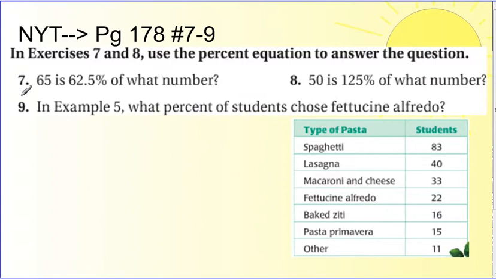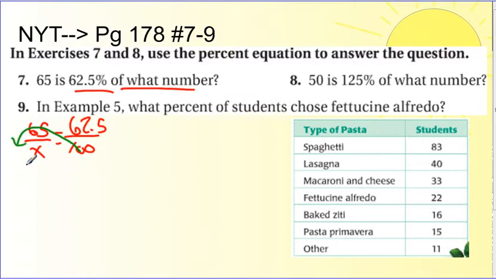All right, number 7. 62.5%. It's okay that's a decimal. That's our percent. Of what? We don't know the of number. So we cross multiply. 100 times 65 is 6,500. X times 62.5 is 62.5x.